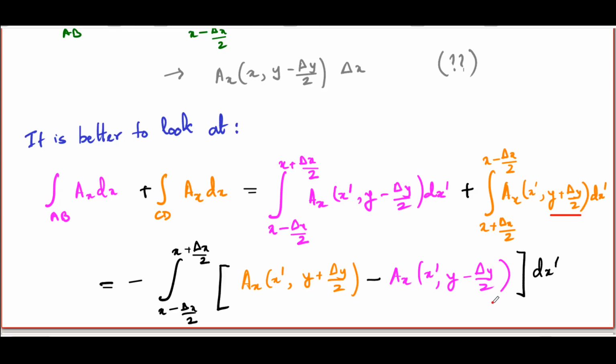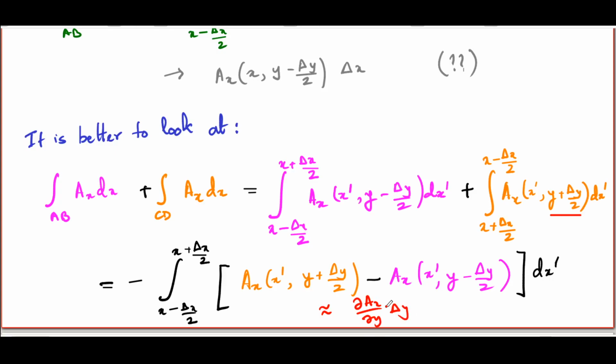Now, in order to proceed further, we need to find an expression for this, and a more rigorous expression than simply saying that this is approximately equal to del Ax by del y into delta y, which essentially is what we did the last time around.